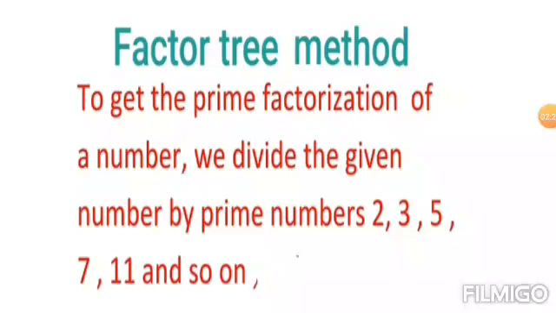In the factor tree method, we have to divide the number by the smallest prime numbers, and we continue to divide the quotient by the smallest prime numbers.